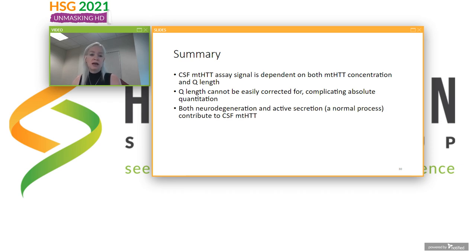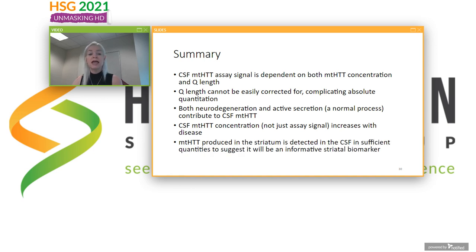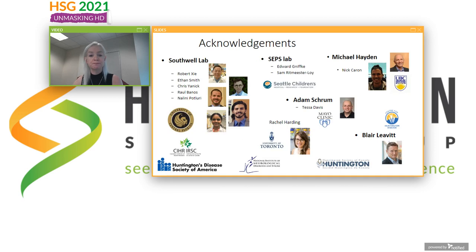But with the tools we have, we are able to tell some things. We've been able to determine that both neurodegeneration and active secretion contribute to CSF mutant Huntingtin, that the concentration of protein, and not just the assay signal, increases with disease, and importantly, that mutant Huntingtin that's produced in the striatum is detected in the CSF in sufficient quantities to suggest it would be an informative biomarker for striatal therapies.